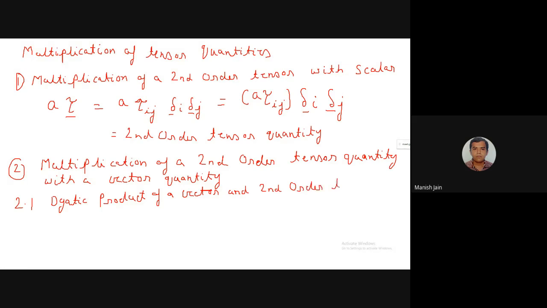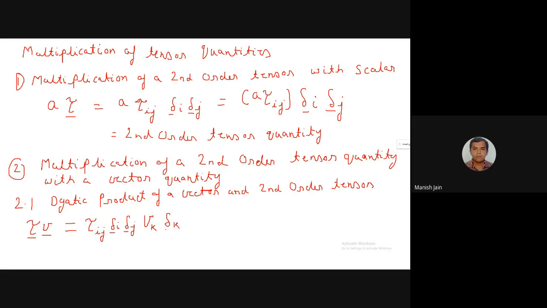Suppose you want to take a dyadic product. Dyadic product means direct multiplication. You don't have any sign in between the two quantities. Tau is a second order tensor, V is a vector. So you can write tau ij del i del j, then Vk del k.